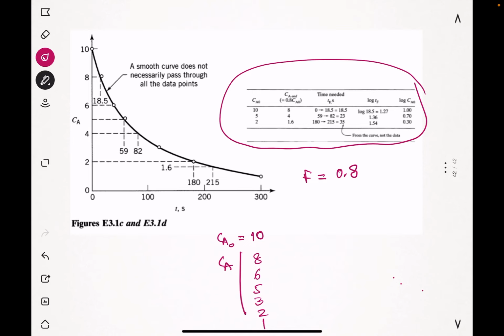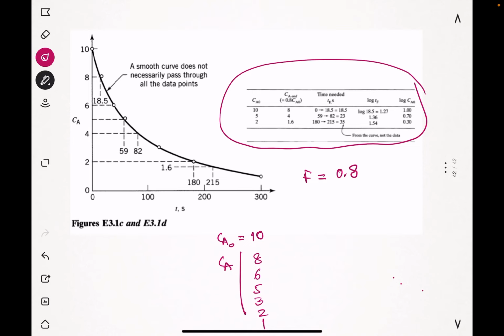Okay, so in that case, we started with an initial concentration of 10 mole per liter, and if F is 0.8, then our Ca with 80% A remaining for 10 mole per liter would be 8 mole per liter.